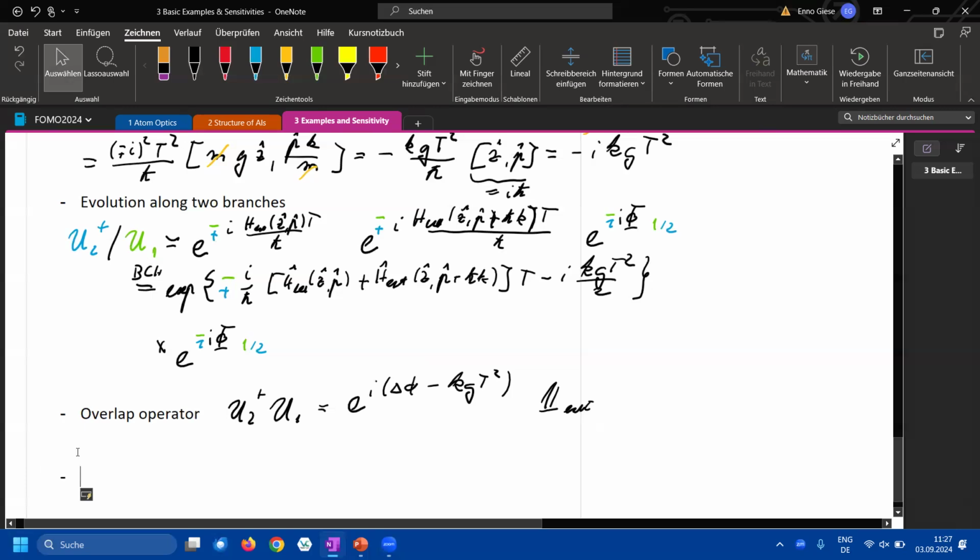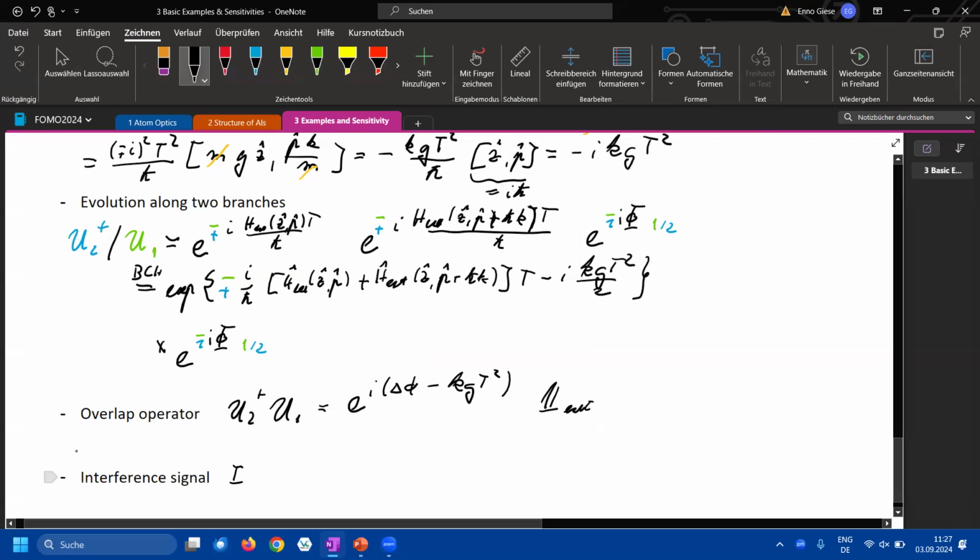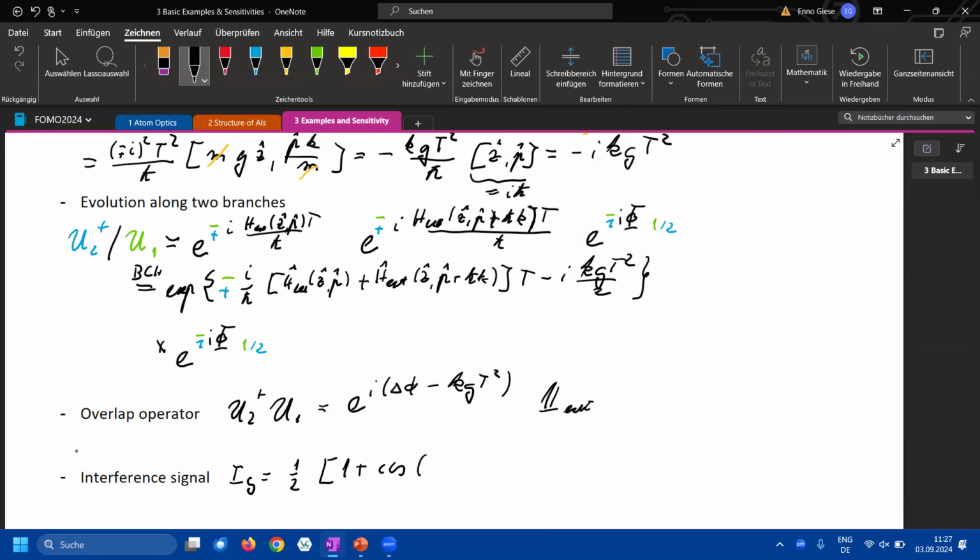So now, of course, we have perfect visibility and we see the interference signal. And I can't emphasize that enough. So it is I_G equal to 1/2 (1 plus cosine), and now we have a phase delta phi minus k g T squared.